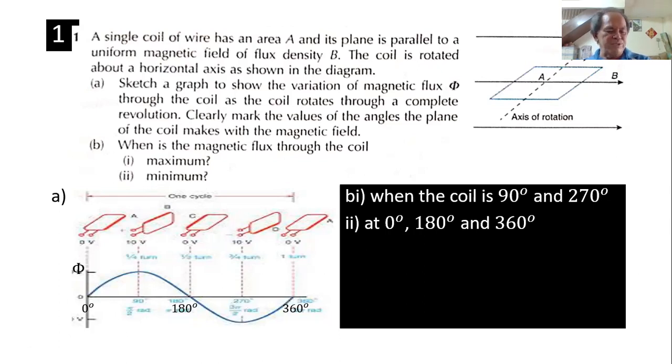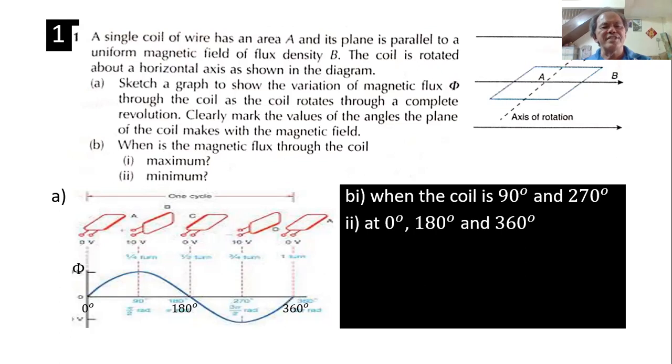Depends on how you interpret it. If you look at magnitude wise, it's a maximum. Okay with that? We are basically solving problems on magnetic flux, Faraday's law, and Lenz's law using that.